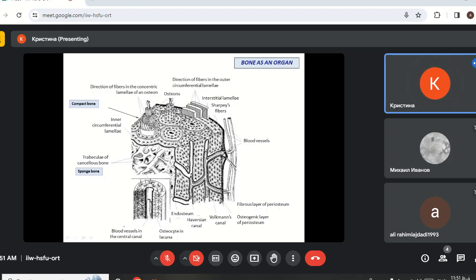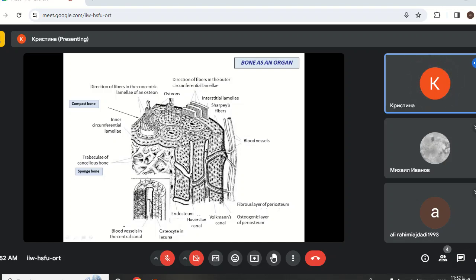And then these channels and the blood vessels inside them branch to form smaller blood vessels which go parallel to the bone inside the osteons here, and these are the Haversian canals. Havers is the name of the scientist. Haversian canal is the central canal of the osteon.